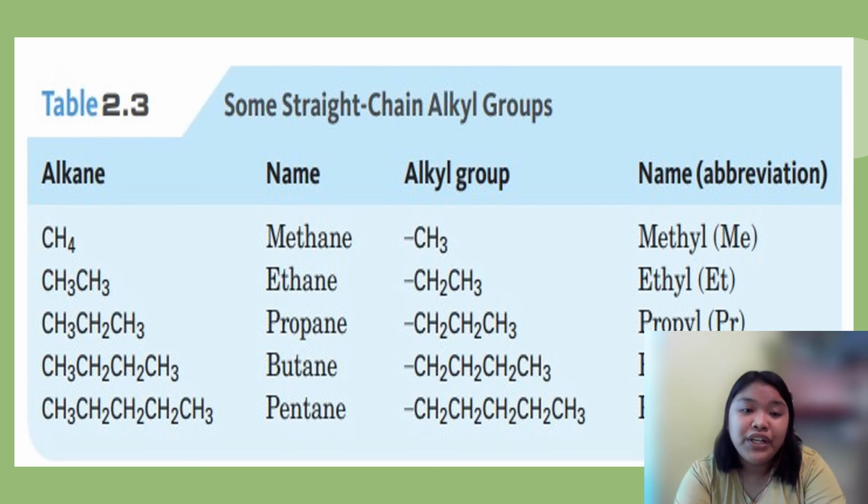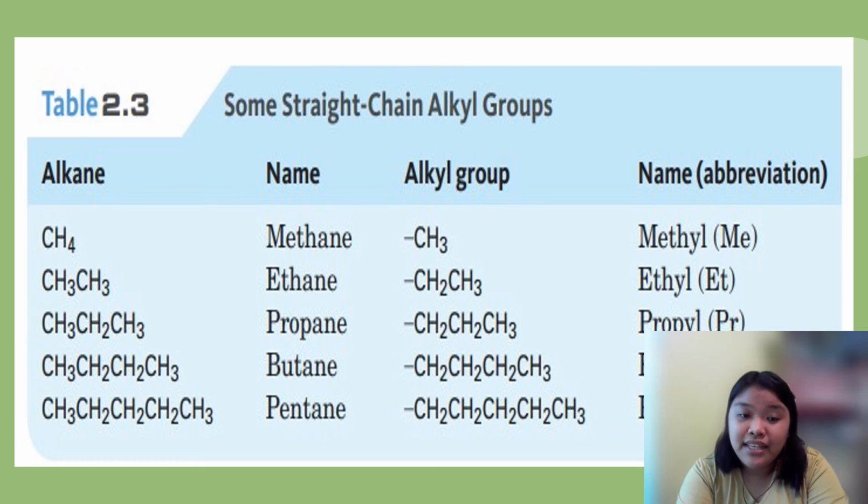Okay, let me show you this table 2.3. So, maybe a lot of you are asking na bakit yung methane, yung A and E ng methane nagiging methyl na lang, naging na-change ng YL. Alkyl group is a partial structure after the removal of one hydrogen from an alkane.